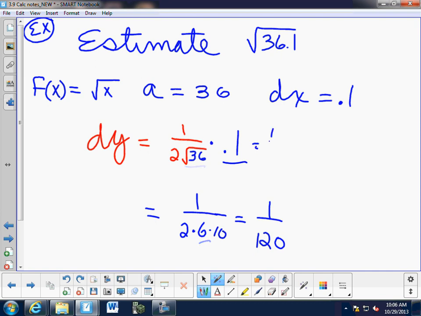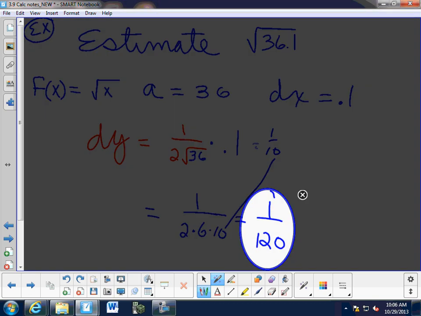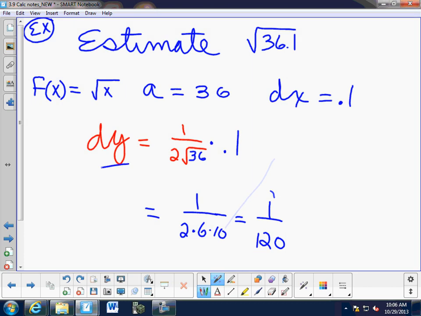So that's why I end up with a 10 down there. Multiply all that together, I get 1/120. That's the change in the y value.